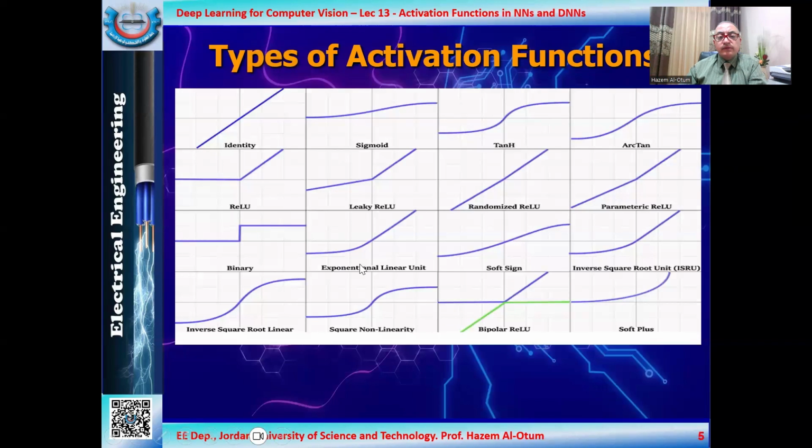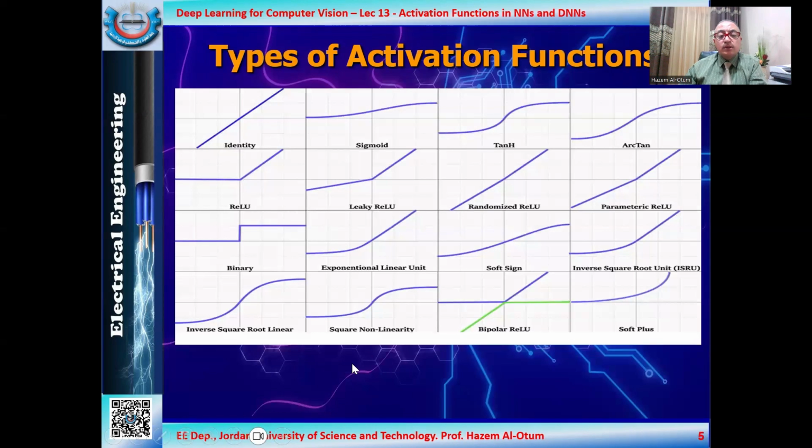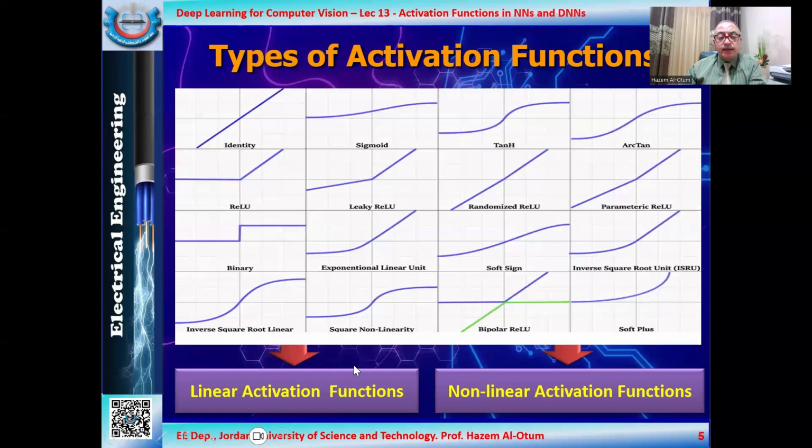All of these can be used, and it depends on where and for what purpose, what the objective of the network is, in order to use a proper activation function. In general, we may categorize the activation functions into two main categories. The first one, as you see here, is the linear activation function, and the other is the nonlinear activation functions.